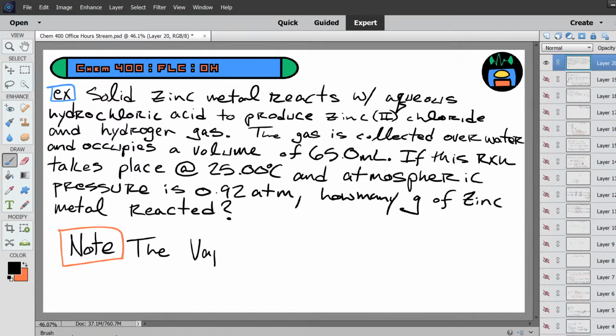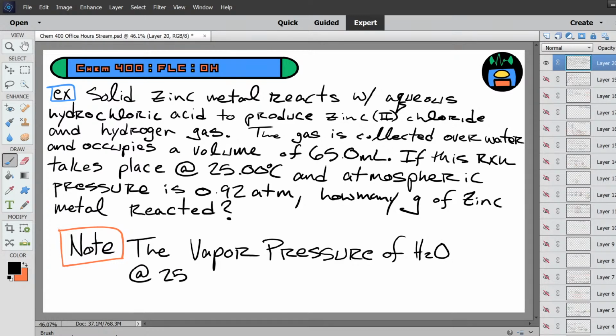The vapor pressure of water at 25.00 degrees Celsius is, let's see. Where do I have? Oh, there we go. I knew I had it written down. Is 17.55 torr.